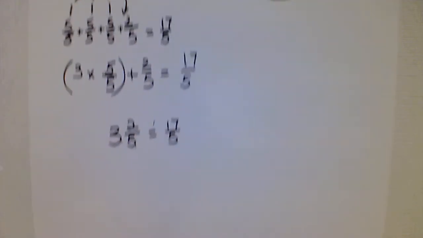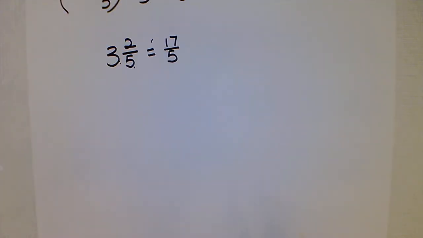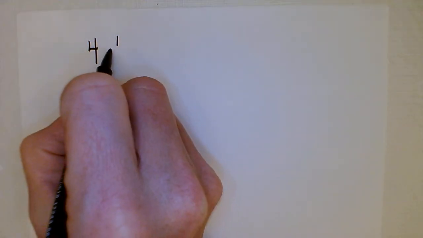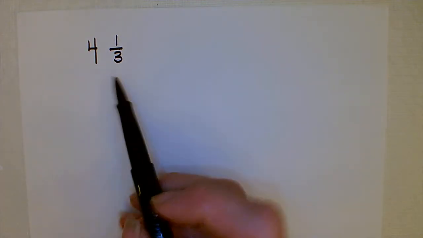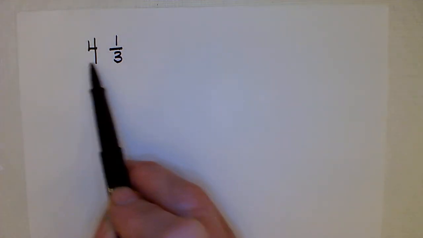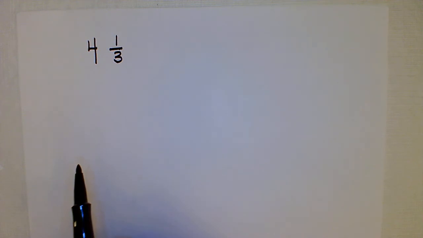Let's do one more. So how about we do, let me flip this, that'll be an easier way to do this. Let's do, I don't know, let's do 4 and 1/3. So what's going on here? We want to take these 4 wholes and turn them into thirds.